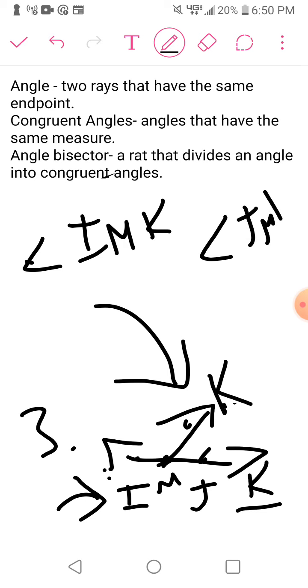Remember, M is the vertex right here. That's why it's in the middle. K isn't the thing that splits it. The angle bisector is the thing that splits it. But the question was, what point is on it?